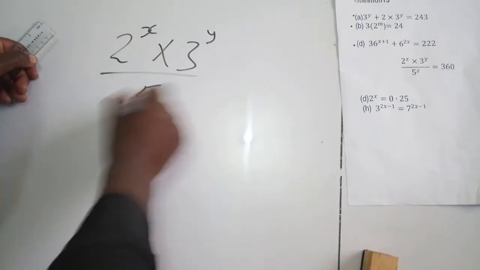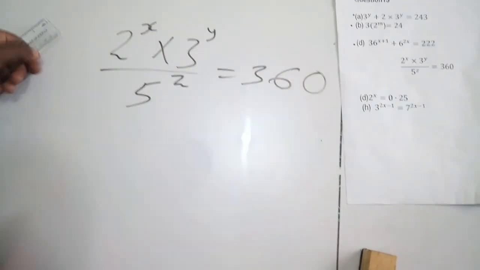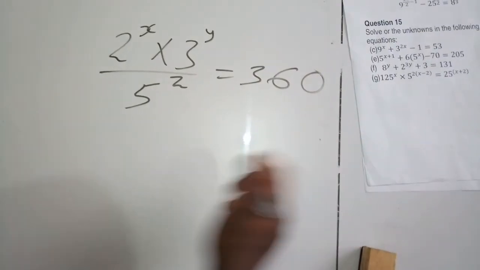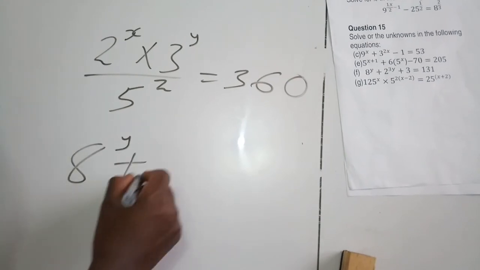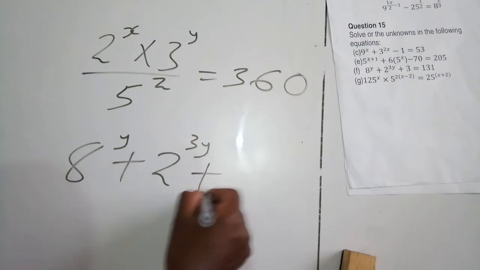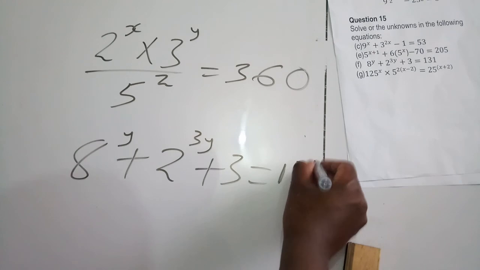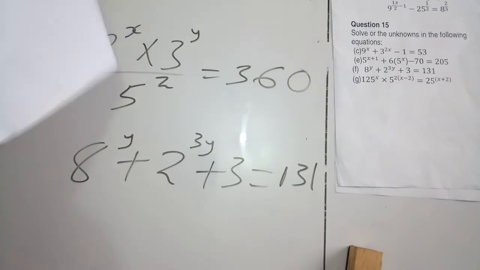So you're having 3 unknowns in one equation. So try that. Then maybe another question, which is 8 power y plus 2 power 3y plus 3 is equal to 131.